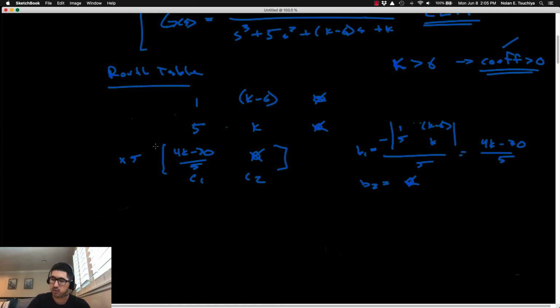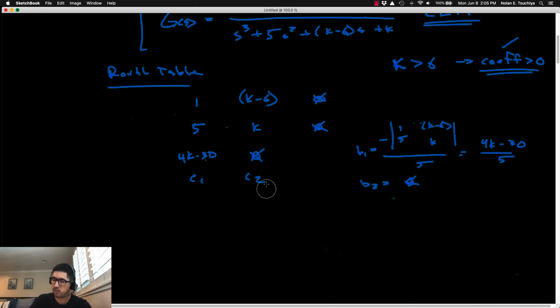So I will multiply this entire row by 5 so that my first element is not a fraction anymore. It's just 4k minus 30. And multiplying trivial 0 by any positive constant doesn't matter. It still stays as a trivial 0. This just makes the math a little bit easier.